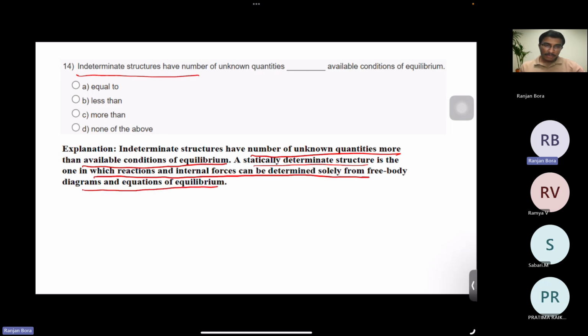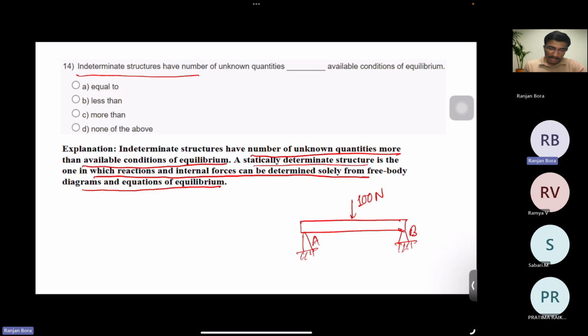So I'm giving you an example of a statically determinate structure. If this is a beam supported on two supports and there is one force of 100 Newton. This is a case of statically determinate, because how many unknowns do we have?